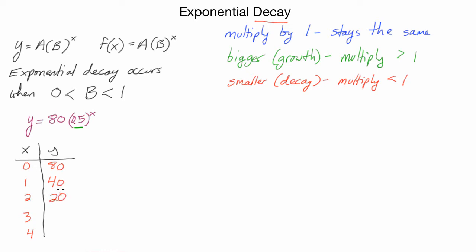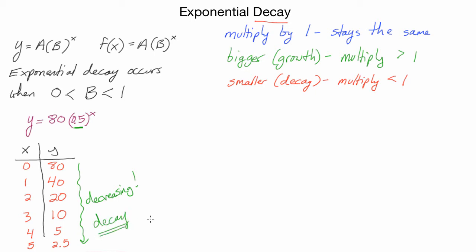And the pattern is I'm going to keep multiplying by 0.5 and decreasing by half every single time. When x is 5, I would get down to 2.5. And here we see we are definitely decreasing, which means we have exponential decay happening.